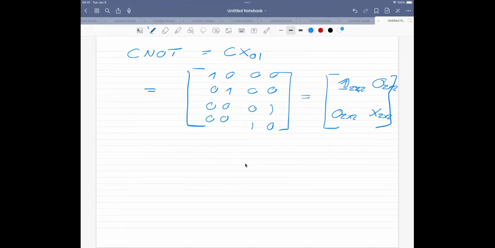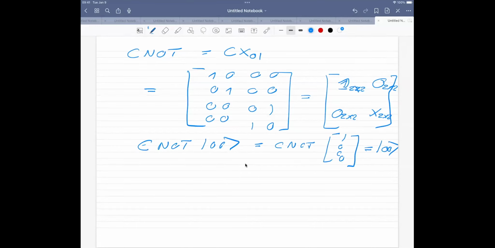If I act with this control gate, what we would get is the following. If I act with C0 on 0, 0, this is the same as taking this matrix and acting on the vector 1, 0, 0, 0. You will see that that just gives back 0, 0.